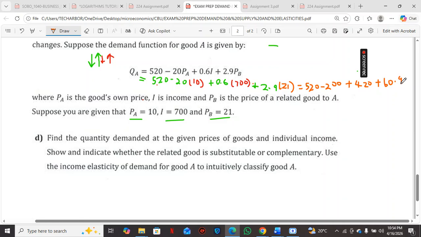So you're going to say 520 minus 200 plus 420 plus 60.9. We're going to get 800.9 units demanded. Any questions?